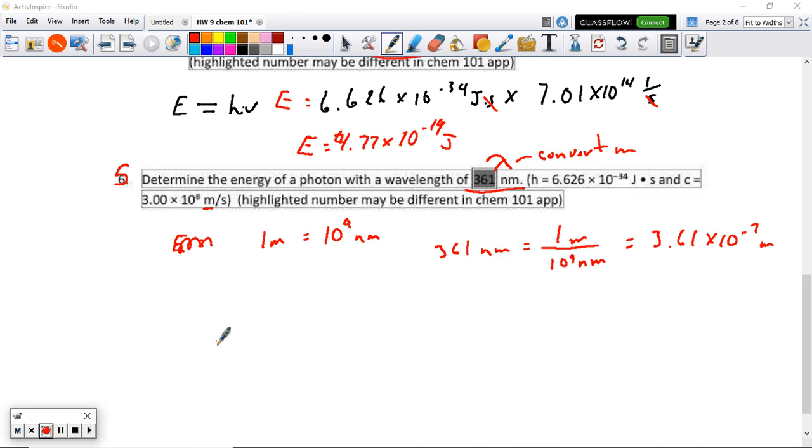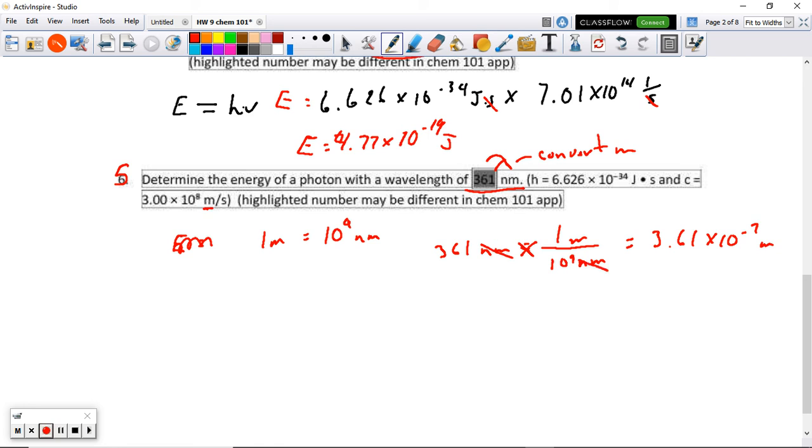All right, so again, first step is converting 361 nanometers into meters. 1 meter is equivalent to 10 to the 9th nanometers, or if you want to look at it another way, 1 nanometer is equivalent to 10 to the negative 9 meters. So when we do the math on this one, 361 nanometers times 10 to the negative 9 meters per nanometer.